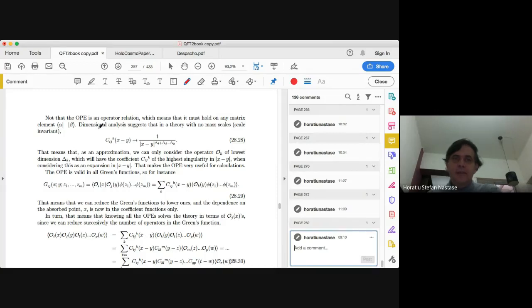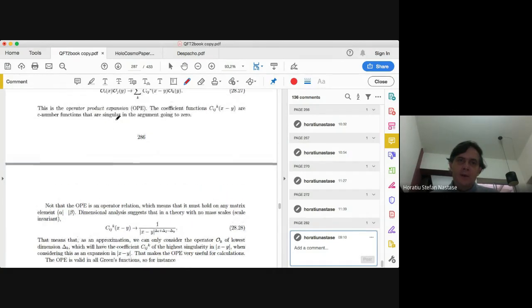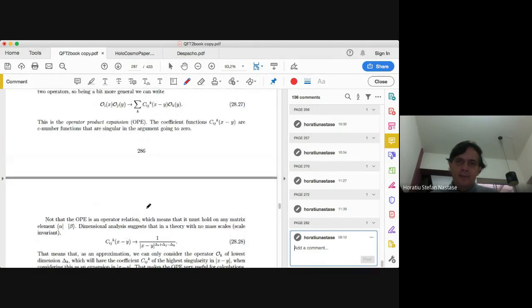Now, this is an operator relation, which means that it should hold for any matrix element.